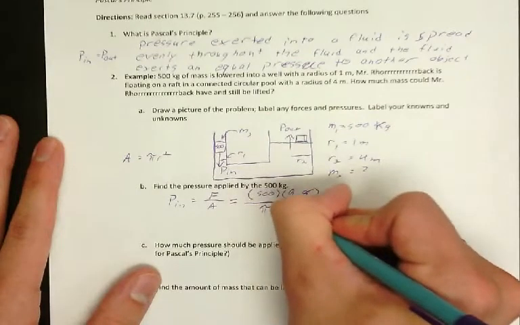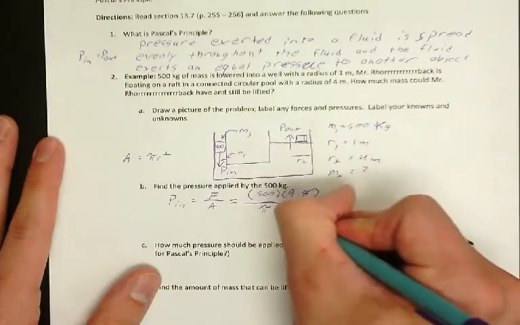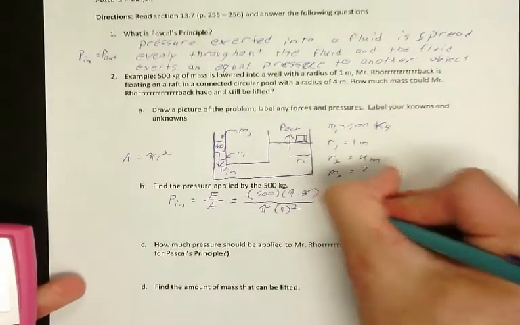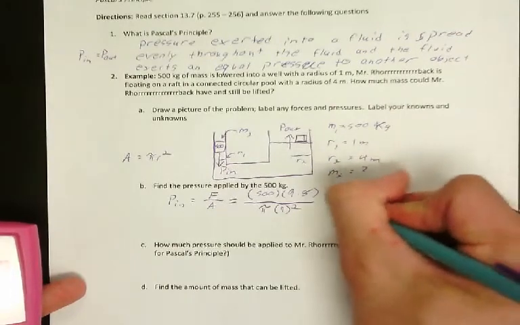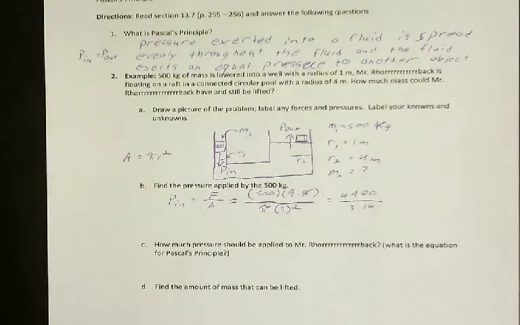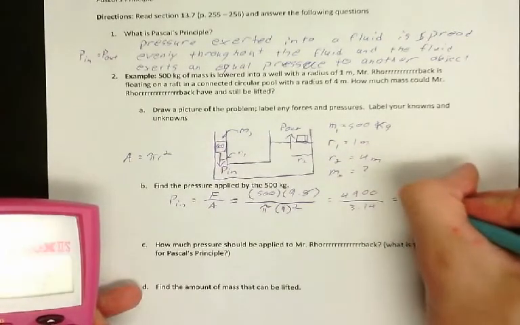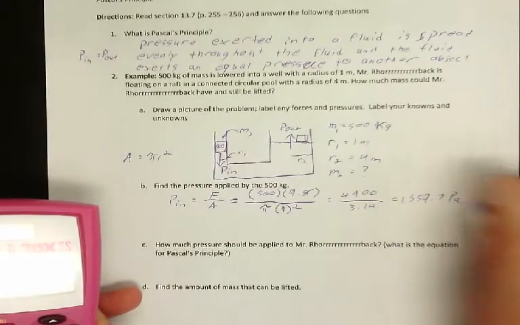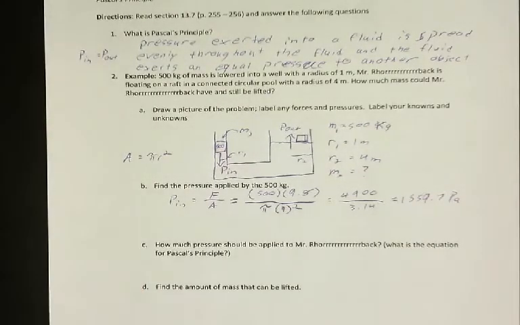So pi times 1 squared. So 500 times 9.8, 49,000 over 1 squared is 1 times pi, 3.14. Divided by pi, we get a pressure of 1,559.7 pascals. So that's how much pressure is applied in.